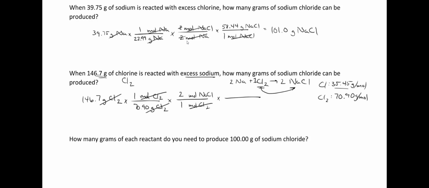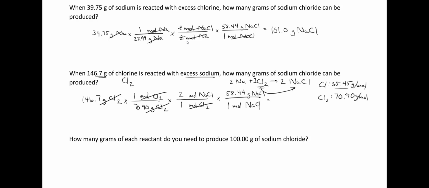And the last step is the same as in the previous problem. We want to convert from moles of sodium chloride to grams. Going into our calculator, we have 146.7 divided by 70.90 times 2 times 58.44.